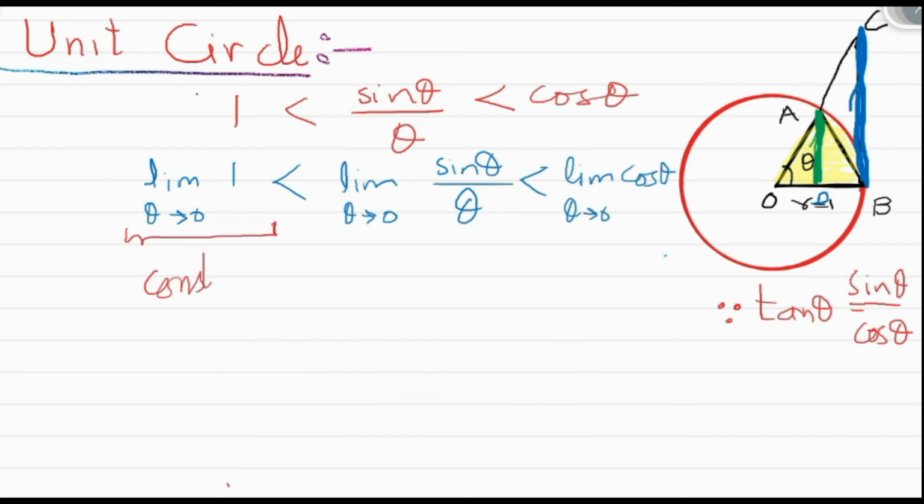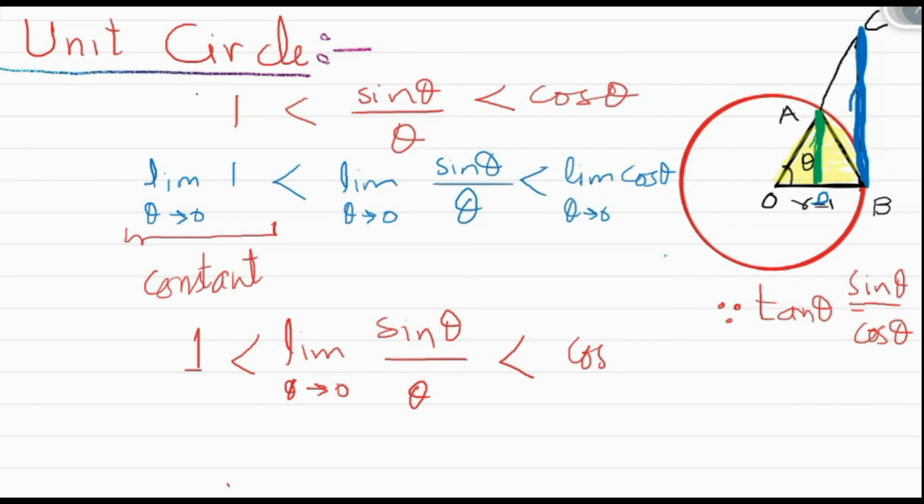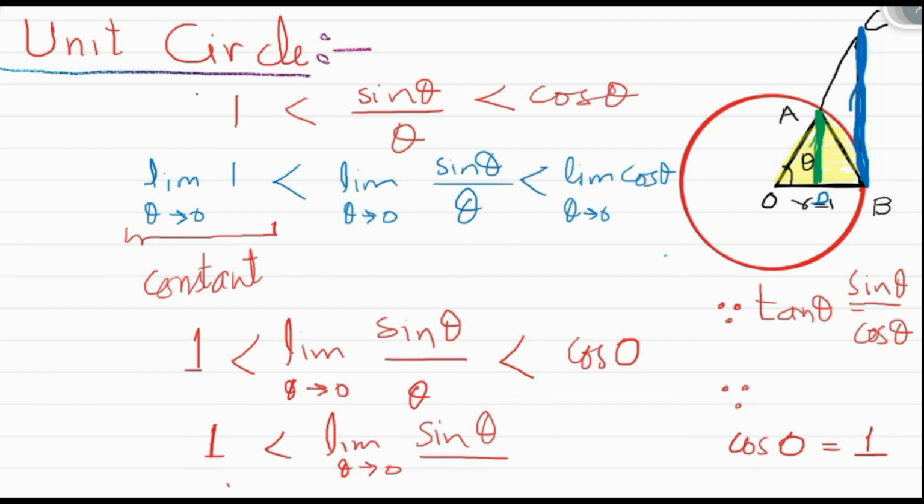As 1 is a constant, the limit does not act on this value, as the limit is on theta. So it is 1, which is less than the limit as theta approaches 0 of sin theta over theta. And when we put the limit on theta, as we know that cos 0 is equal to 1, it means the limit is less than 1.